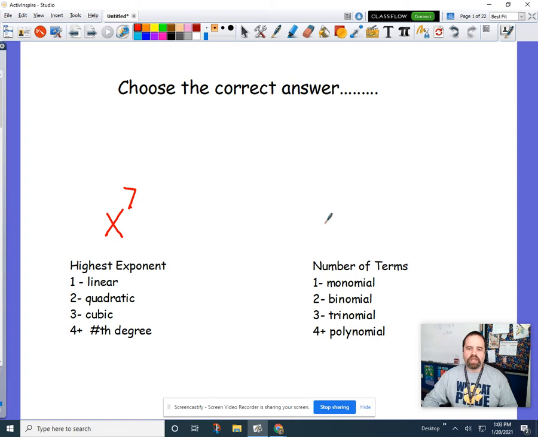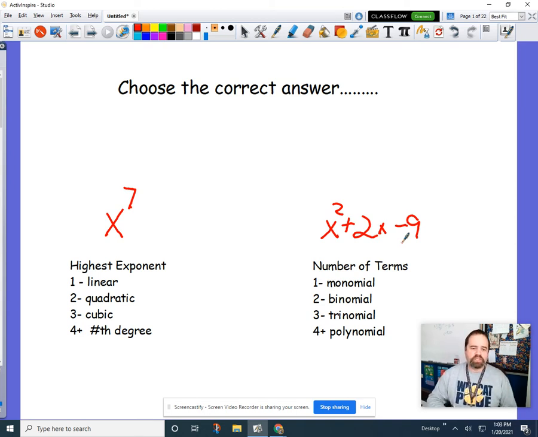So something like x would be a monomial, but x plus 2 would be a binomial. Or if I expanded that and made it x squared plus 2x minus 9, that's a trinomial because there are 3 pieces. So the more pieces you add, the more the term changes. If you know your roots, mono, bi, tri, and poly, that's a big clue on what you're doing here.